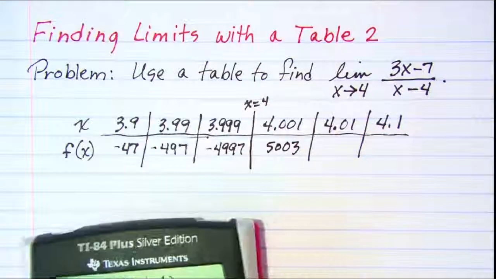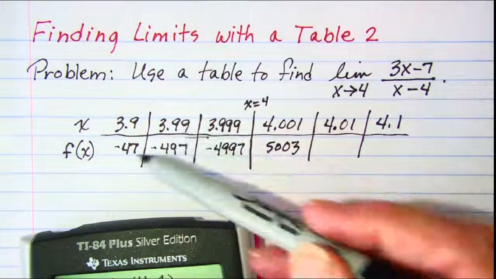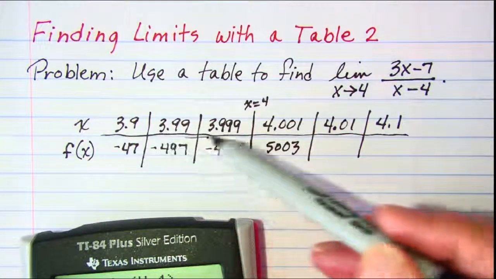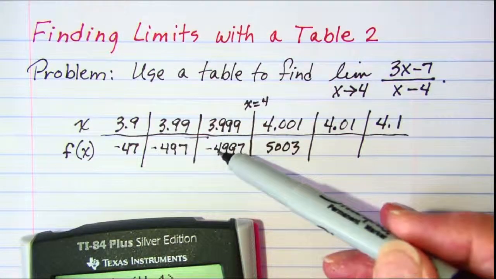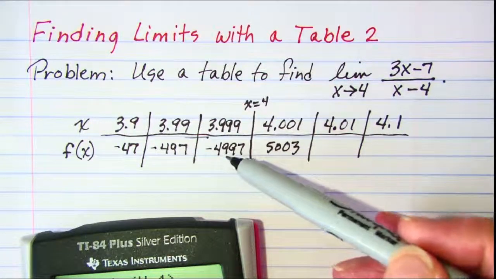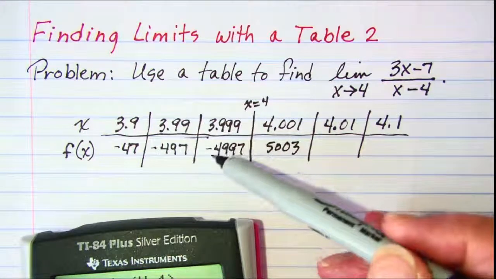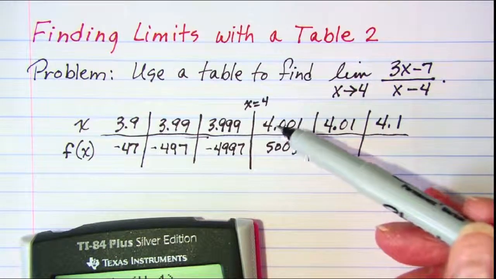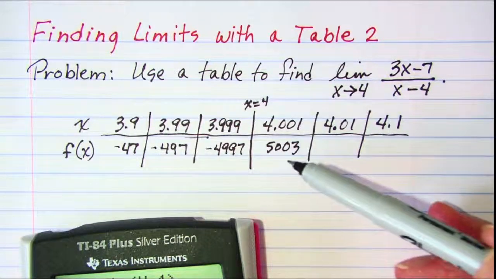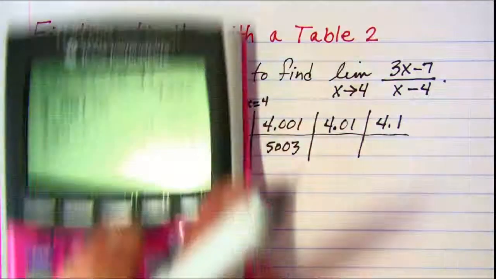Now I can see right now that no limit is going to exist because as we approach x equal 4 from the left, our y value is approaching negative infinity. This is really big, but it's a negative number. And then as I'm approaching x equal 4 from the right, I'm approaching positive infinity. But let me finish with these number values.